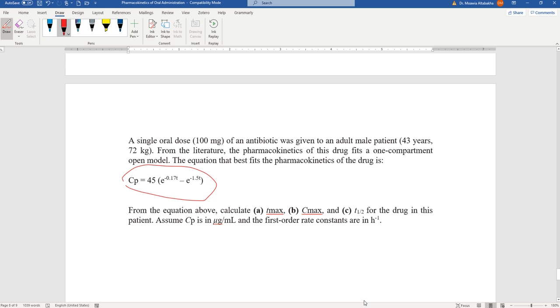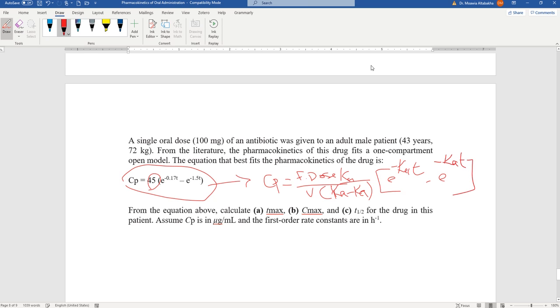In order to solve this one easily, and this is a homework, first you need to understand this equation. It is Cp equals this 45, which is the constant, F times the dose times Ka divided by V times Ka minus Kl, multiplied by e to the minus Kl t minus e to the minus Ka t.